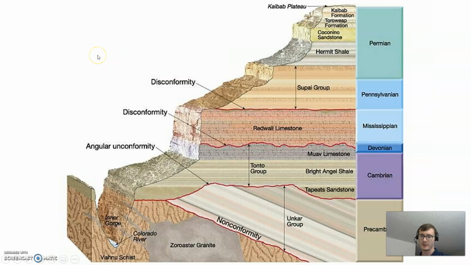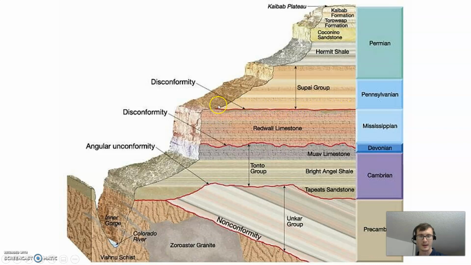And this is a very famous example, again in the Grand Canyon, of an angular unconformity, a nonconformity, and a disconformity all within the same sequence. And building on what we had said before, if somebody didn't know that there was a whole lot of time missing here, it could be difficult to tell that this is a disconformity.